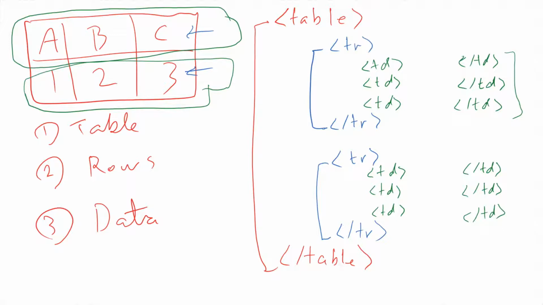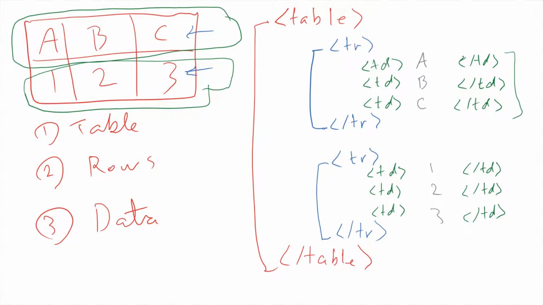So what about the contents? The contents should come inside the data cells. So the first one, which is A, comes here. After that, B, C, and in the second row, 1, 2, and 3.